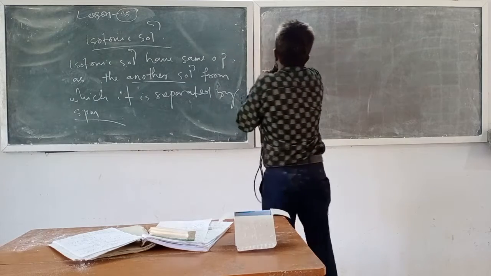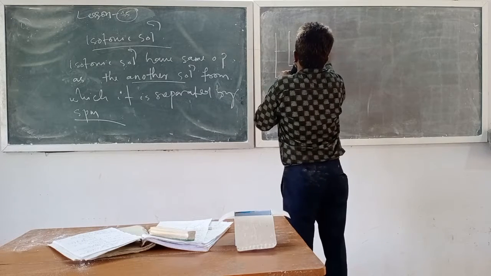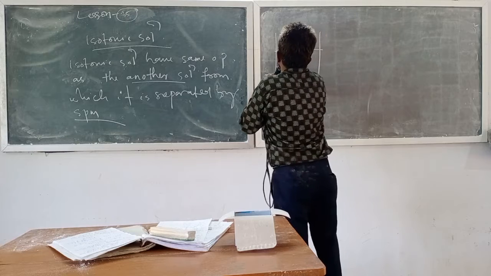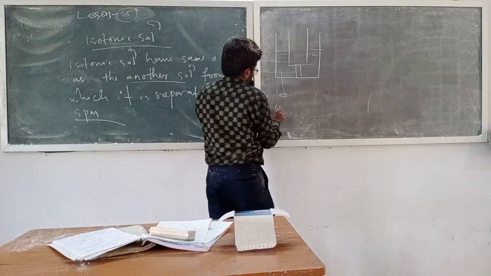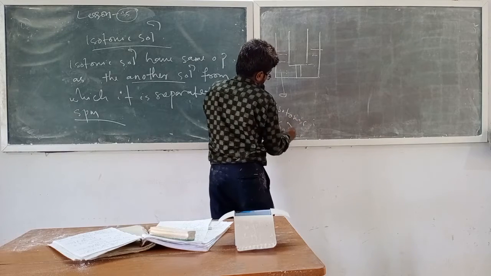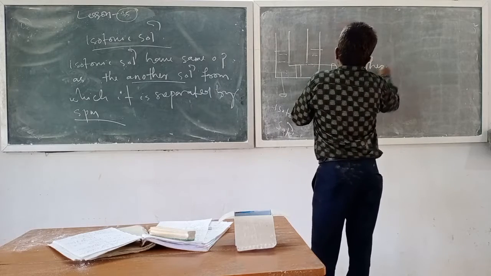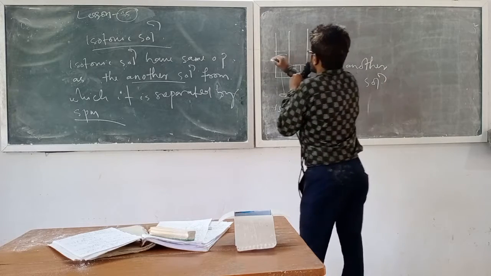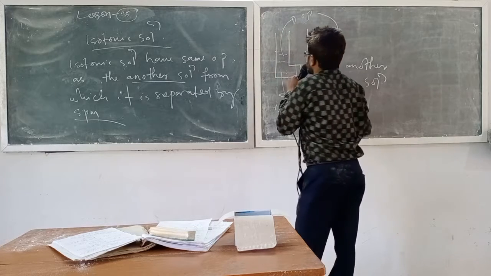Suppose this is the container, and suppose this is the isotonic solution, and suppose this is another solution, and its osmotic pressure is equal to this osmotic pressure.